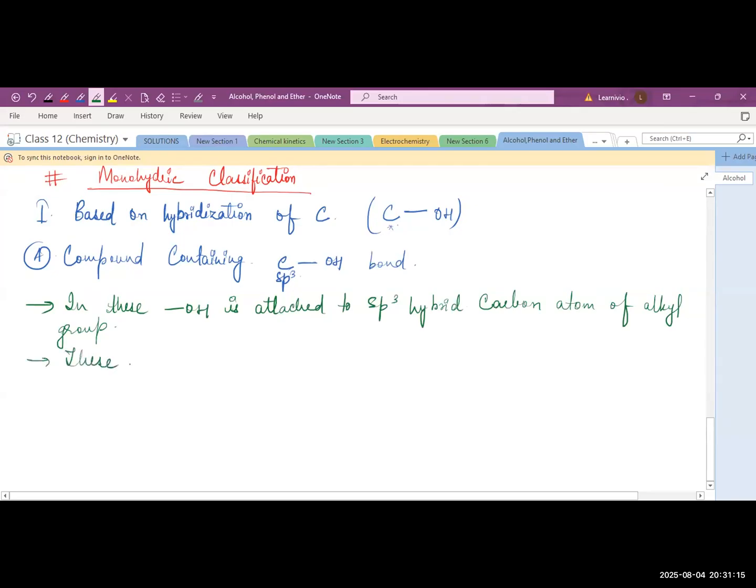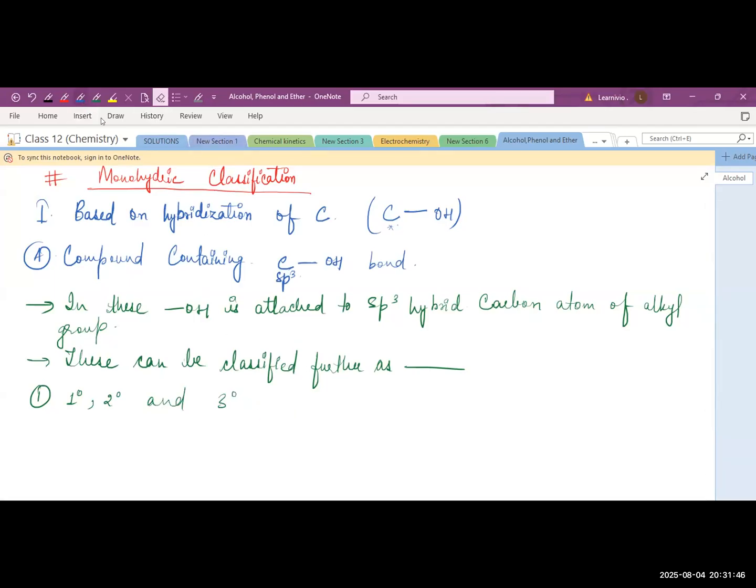And these can be classified further as, first one, write down primary, secondary, and tertiary alcohol. तो मैं alcohol को direct OH लिखती हूँ, या you can write down the whole thing, alcohol.